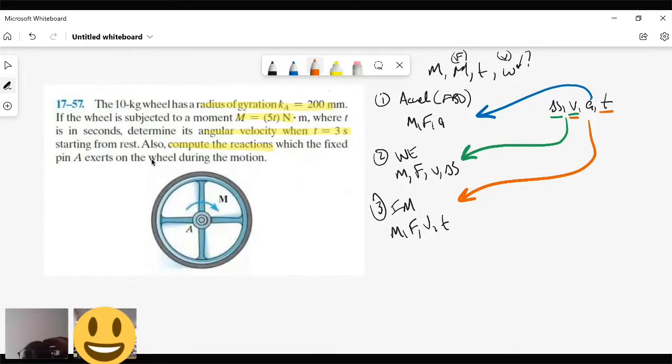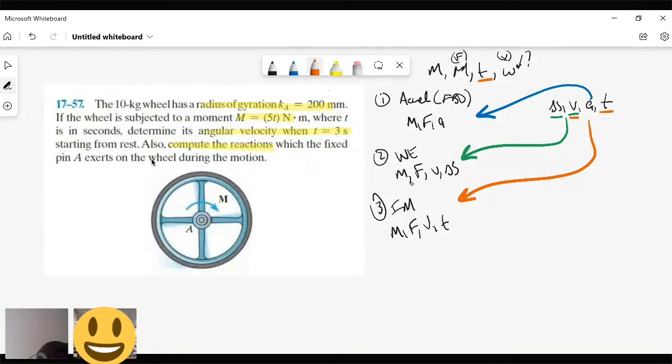As long as you know what they gave you and what they're asking you for, if you remember this, you will automatically know what to do. The moment I saw that they gave me time, I automatically started thinking I was going to use impulse momentum.